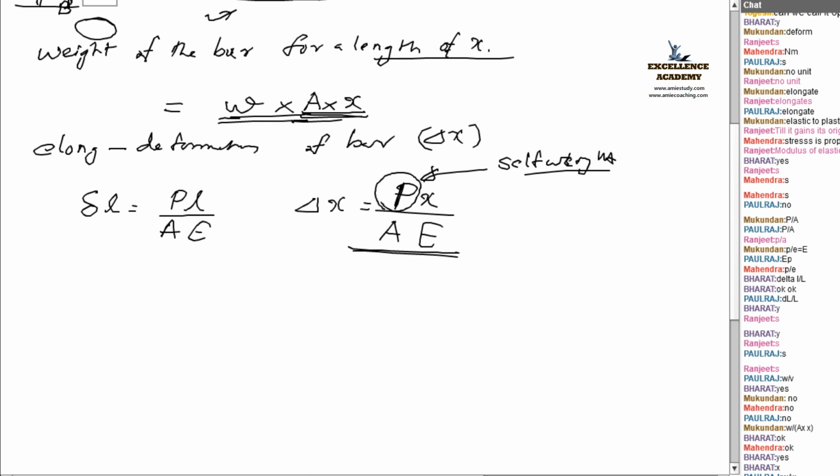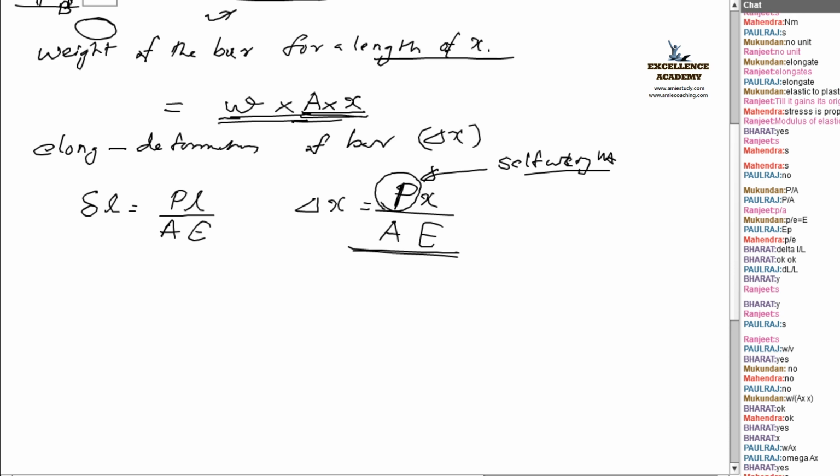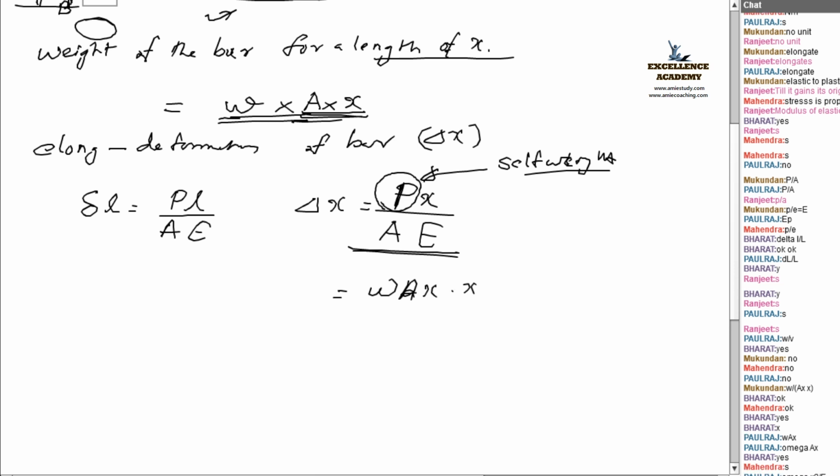Yes, W into A into X. So we can write W into A into X over there. I got it like this.